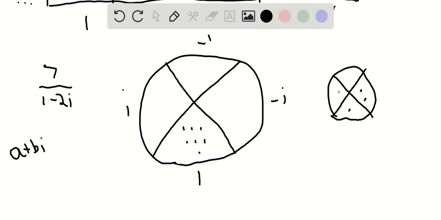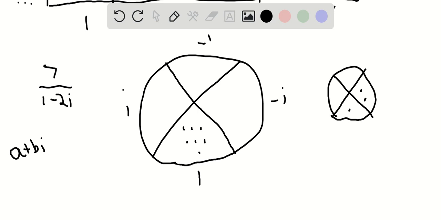Because an anti-dot in i is the same thing as a dot in -i. So 1 minus 2i, again, I could have 1 dot and 2 anti-dots, but you never really need anti-dots in this machine because any anti-dot could always be replaced by a dot in the kitty corner box.